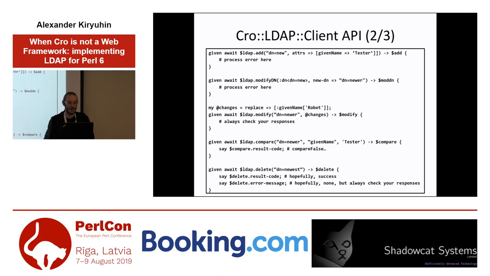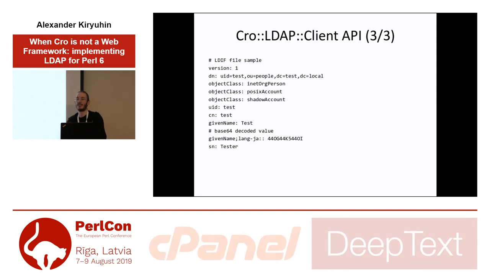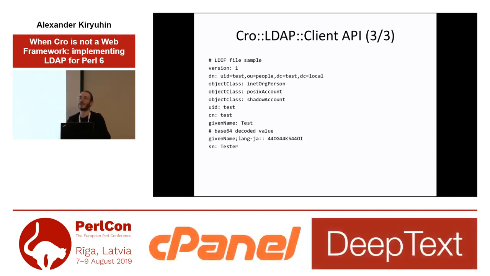And the third thing that is a bit interesting in LDAP: if you are working with LDAP, you are most likely to know, or you soon will know, about a thing called LDIF.